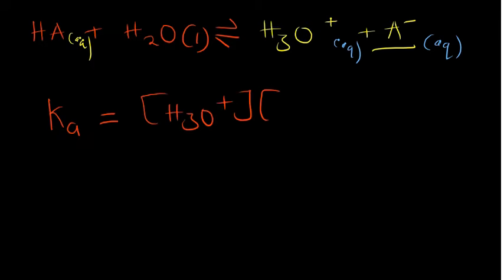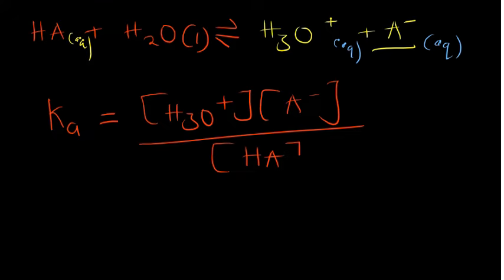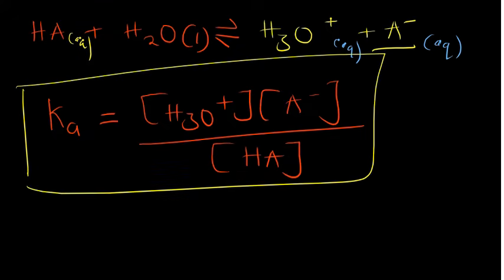It's products over reactants, as we've already learned. Reactants, we only have the acid itself. So this is the K expression of that equation. Products over reactants, raised to their stoichiometric coefficients, which in this case will not be very important because it will be in rare cases that we have such.